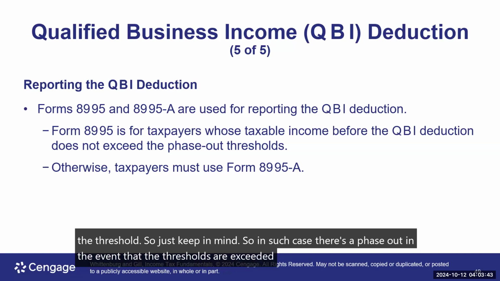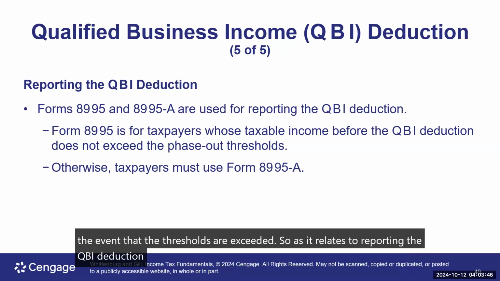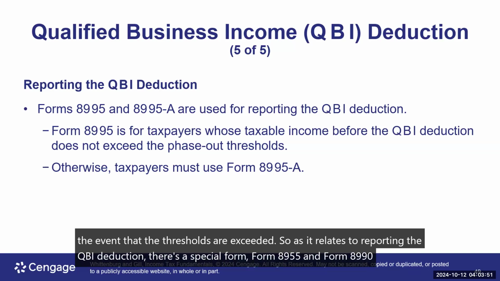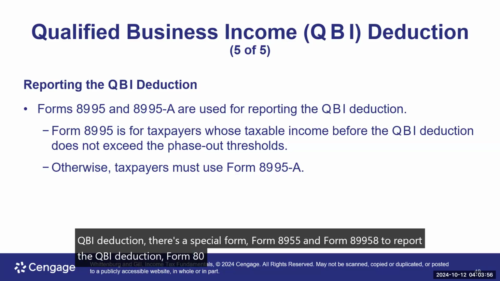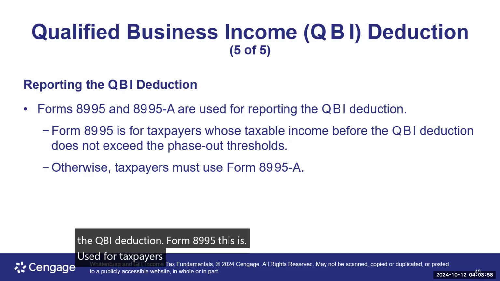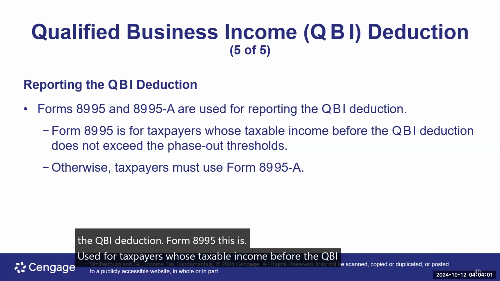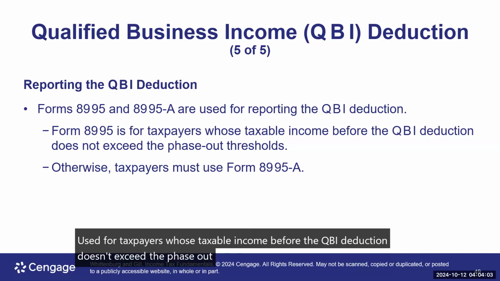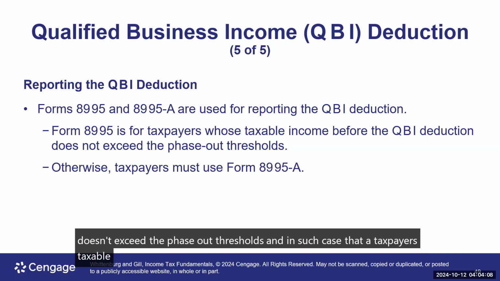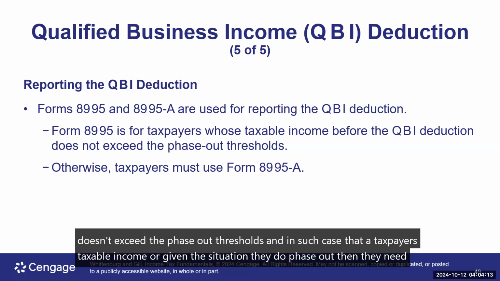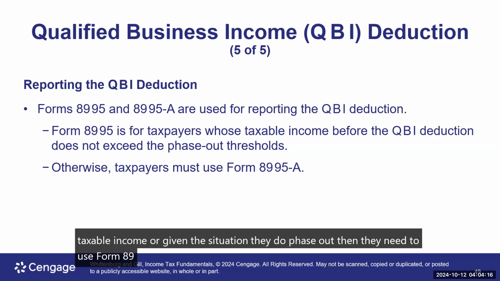As it relates to reporting the QBI deduction, there's a special form, Form 8995 and Form 8995-A, to report the QBI deduction. Form 8995 is used for taxpayers whose taxable income before the QBI deduction doesn't exceed the phase-out thresholds. And in the case that a taxpayer's taxable income exceeds the thresholds and they do phase out, then they need to use Form 8995-A to account for the phase out.